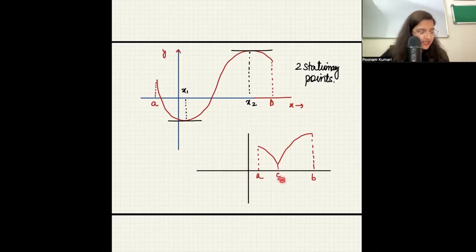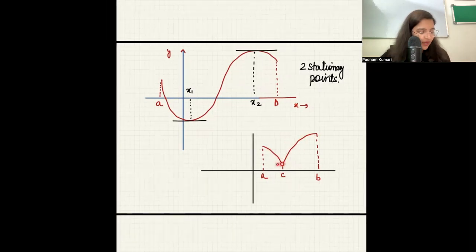So do you see any stationary point in this particular graph? Stationary points would mean any point where the derivative is parallel to the x-axis. I don't see anywhere it being parallel to the x-axis, right? At this point, this is a corner point. There is a very sharp edge here. So the derivative doesn't exist at this point, because you can have multiple tangents over here.